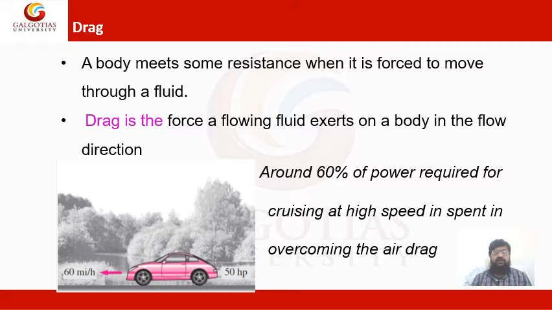So around 60% of the power required for cruising at high speed is spent in overcoming the drag. So you can see that for running a car at 60 miles per hour, we need 50 horsepower. Much of this power is spent on overcoming this drag.